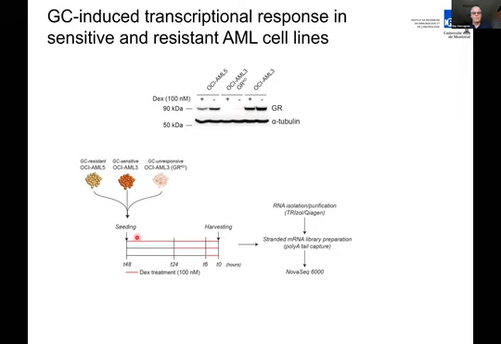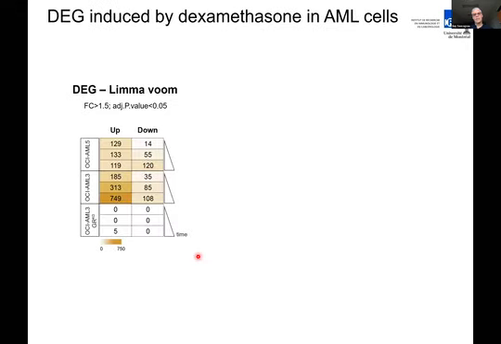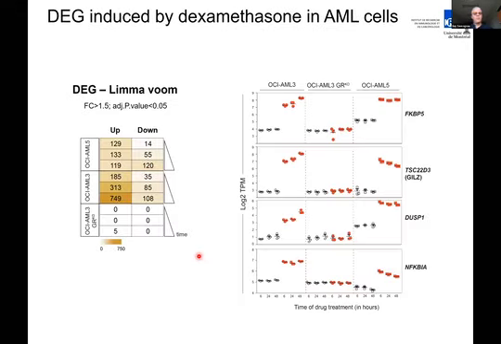So shown here, we treated the cells as indicated here with 100 nanomolar of dex, and then harvested them and did RNA-seq.